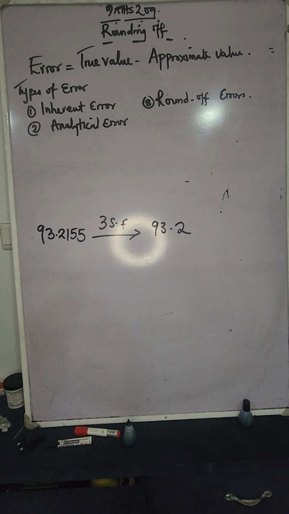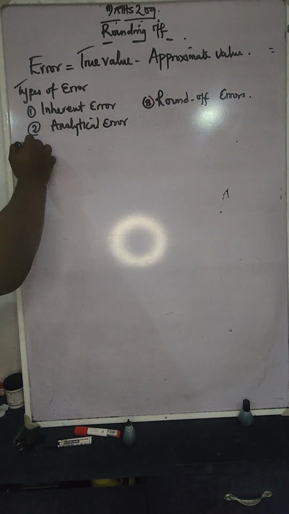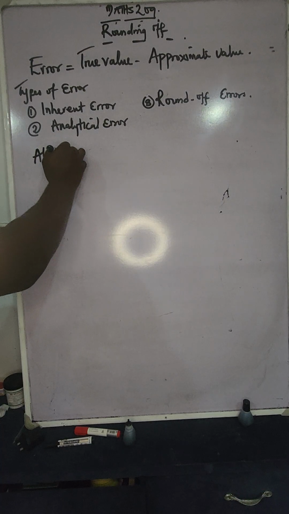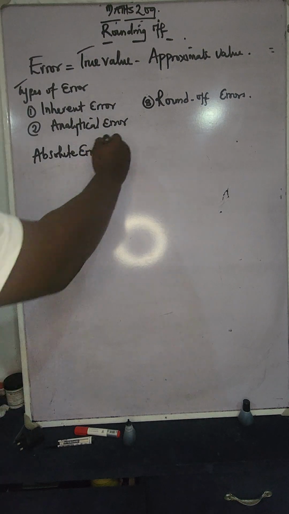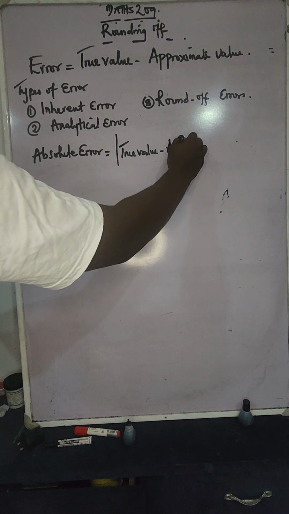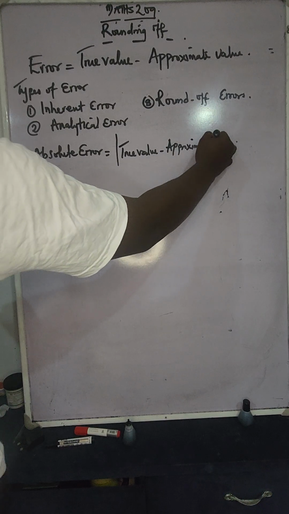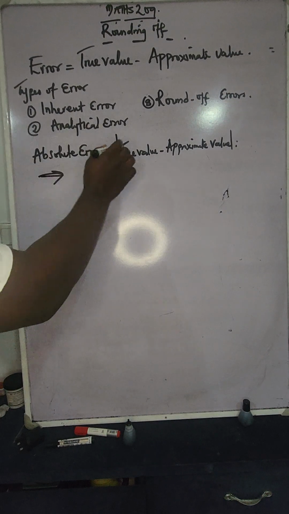Now we will be looking at questions on how to apply these functions. Mind you, there is something called absolute error. Absolute error is us using the same formula, true value minus approximate value. And so absolute error does not give you anything negative.